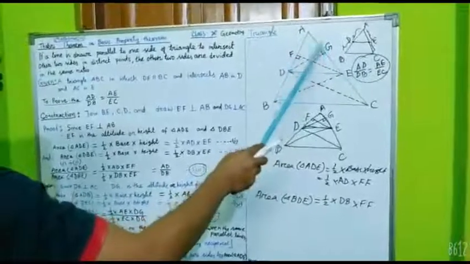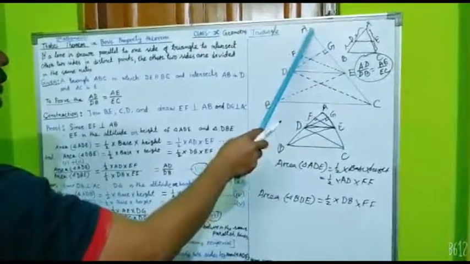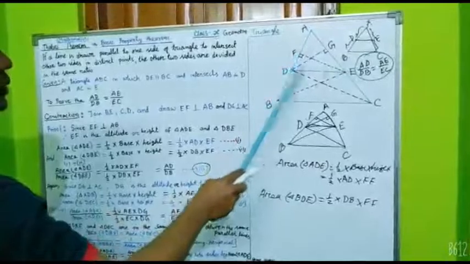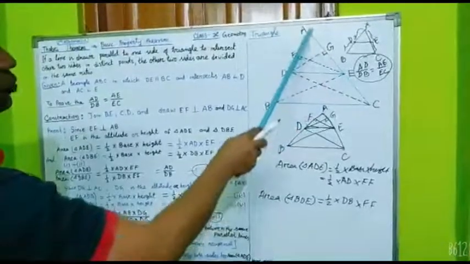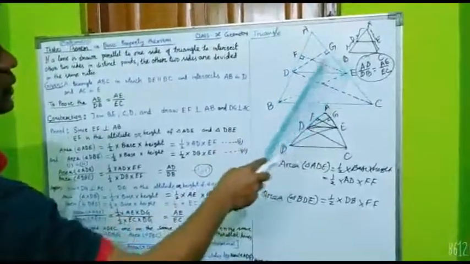Similarly, in this triangle, this is the height or altitude. The area of triangle ADE is equal to half into base, that is AE, into height DG.